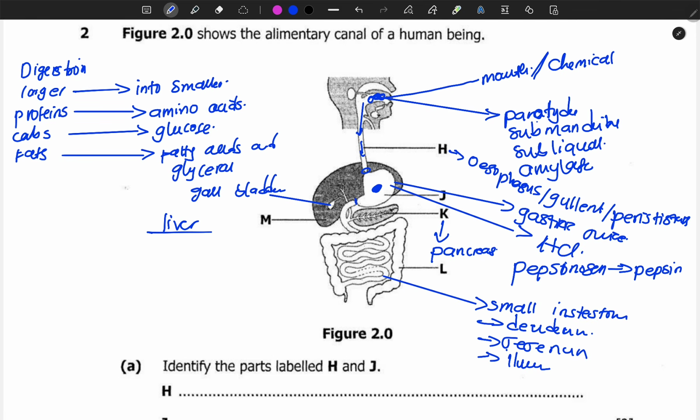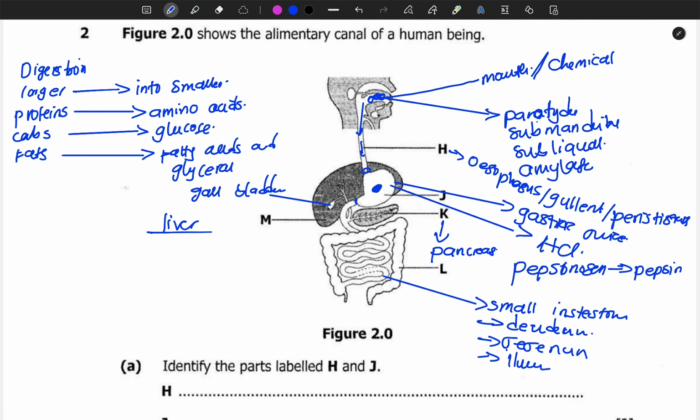For duodenum and jejunum, it is for completion of digestion. Then the ileum is for absorption. So ileum, that's where the digested food must be absorbed from the intestine into the bloodstream. And before the food is transported to other parts, the food must go to the liver for inspection. Why is inspection important? So that the liver can tell if the food is safe or not safe.